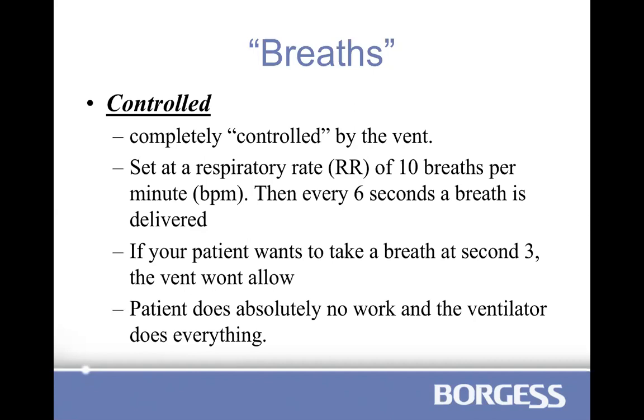If your patient chooses to take a breath at 3, it's very possible that the vent will not allow it if you are in that type of setting. This is a completely controlled setting. But if you allow the patient to trigger the vent, and let's say they want to take a breath at 3 seconds, the machine will deliver 500 cc's at that 3rd second. So whether or not the patient actually wanted 500 cc's, they will get that forced breath.